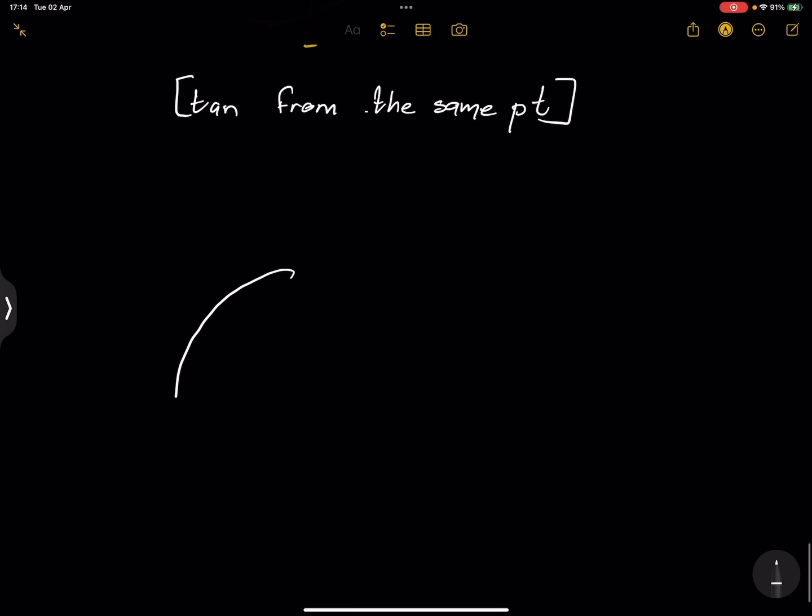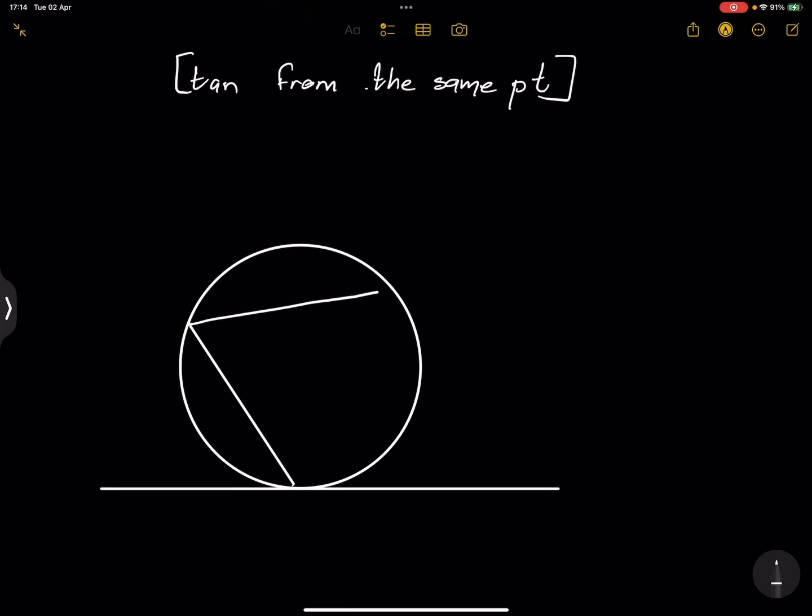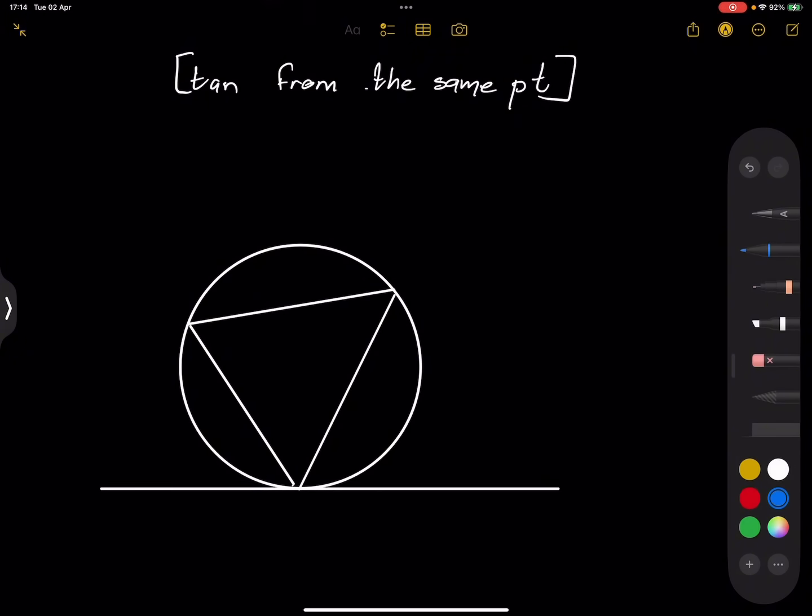So in this case, if I have got a tangent, I don't need to have a center there. So let's draw our tangent. So there's the tangent. So we know that the angle between the tangent and the chord will be equal to the angle that is opposite that chord. So we call this the tan chord theorem.